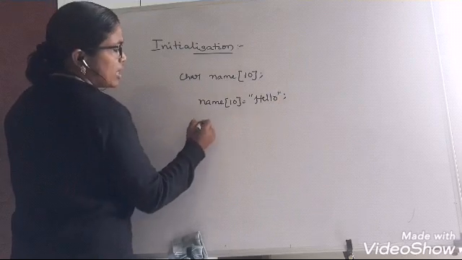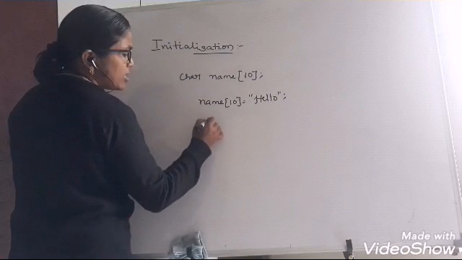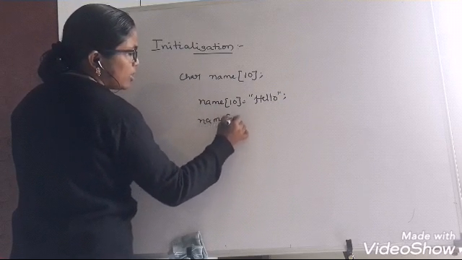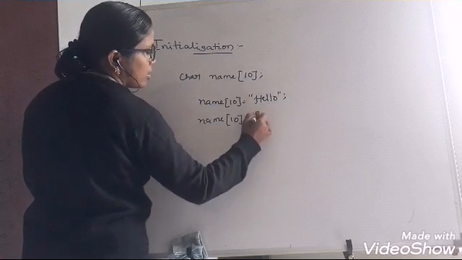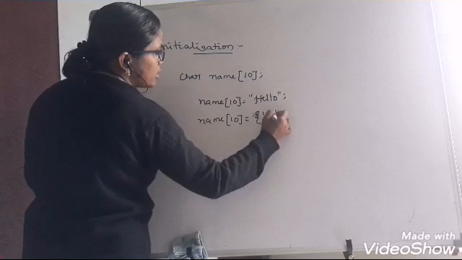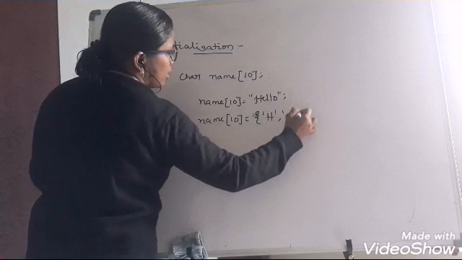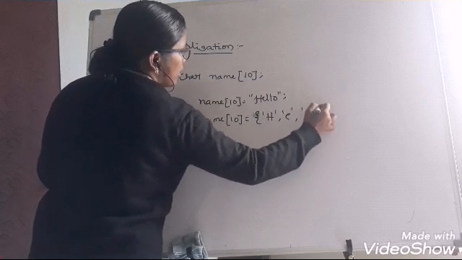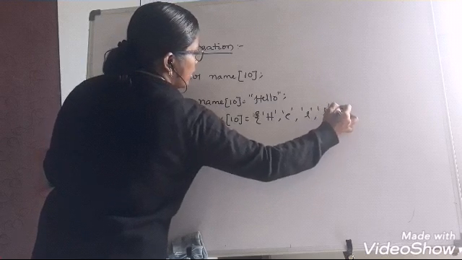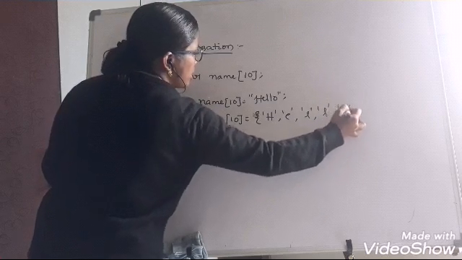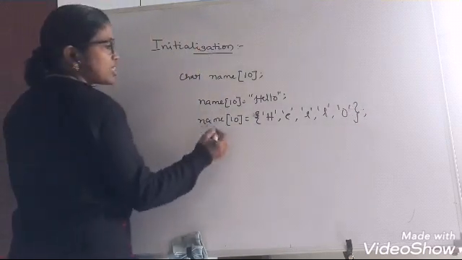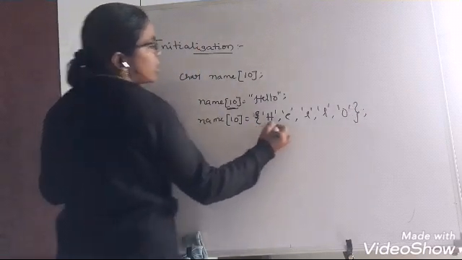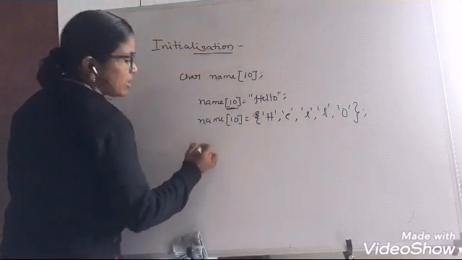Like this I can initialize. Otherwise, I can write each character H, E, L, L, O in single quotes and close. Actually, the size of my string is 10, but I am writing only 5 characters.